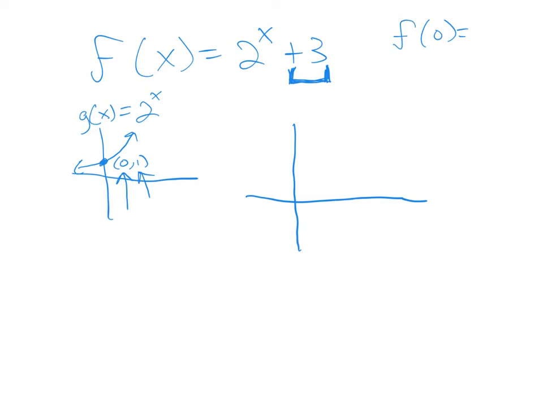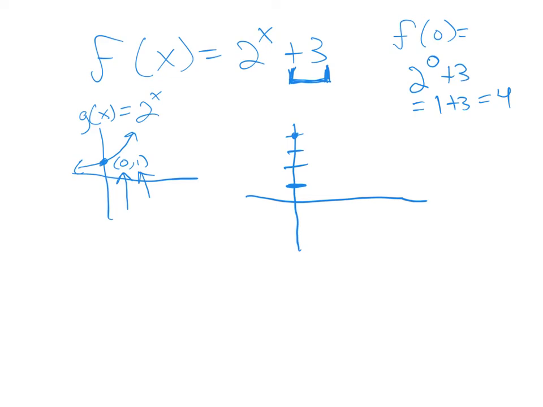Plugging 0 into our function, we have 2 raised to the power of 0 plus 3. Anything raised to the power of 0 is 1, so we have 1 plus 3. So we get 4. Before, our height was 1, but now our height is 4.